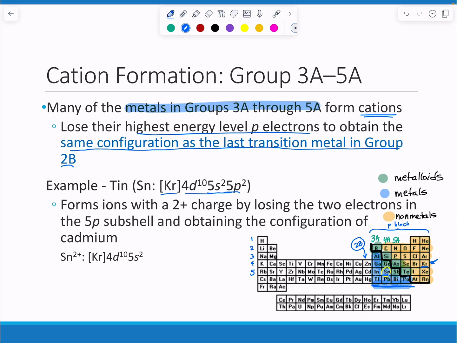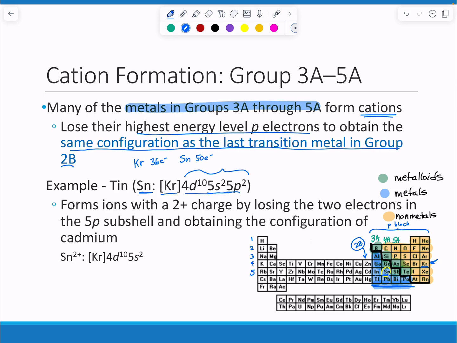All right, so these electrons here are all of the electrons in excess of krypton. They're the extra electrons that tin has that krypton doesn't have. So krypton is element 36 and tin is element 50. So krypton has 36 electrons and tin has 50 electrons.